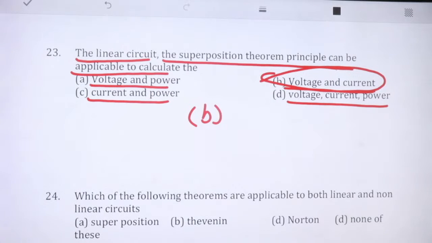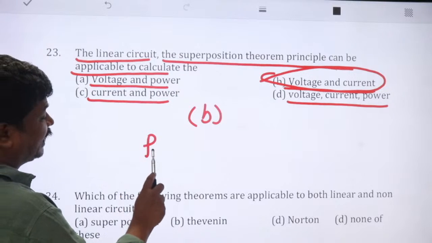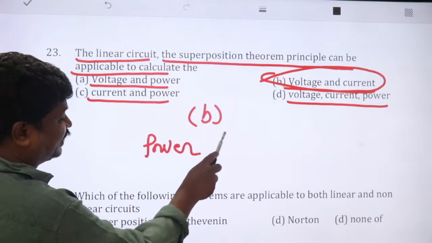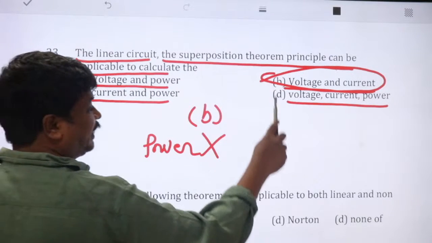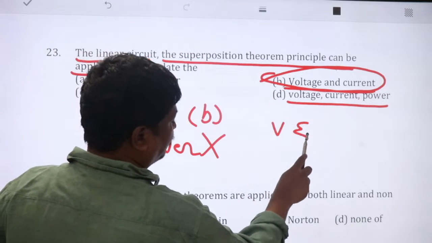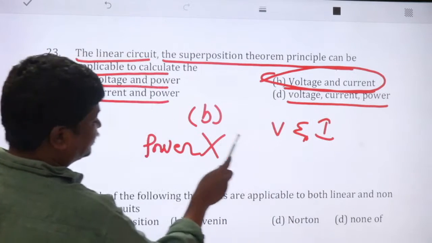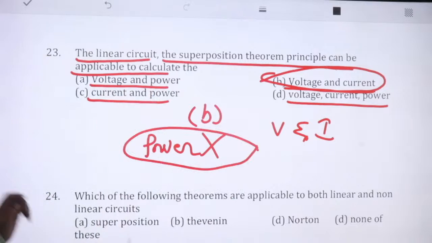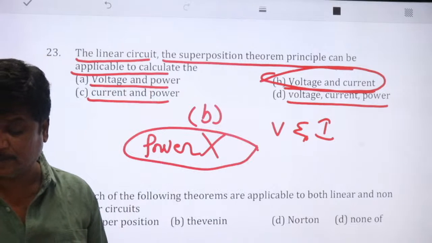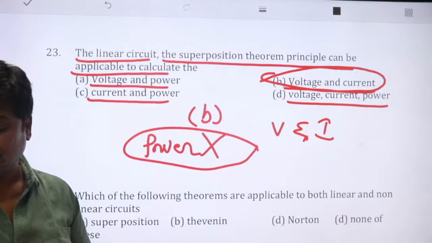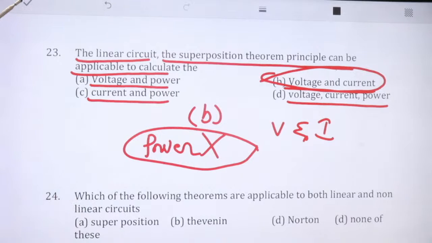Please check it. Power cannot be calculated by using superposition theorem. That's why only current and voltage can be calculated. This is a very, very important question.